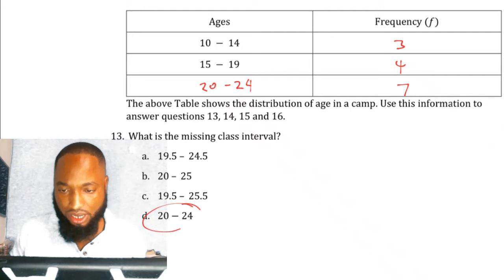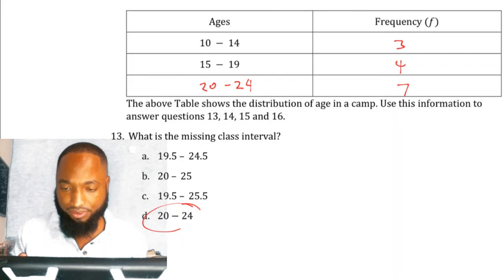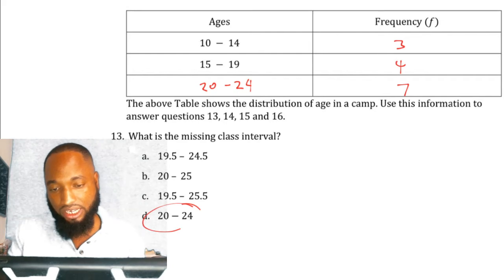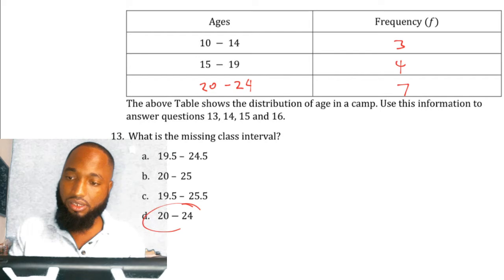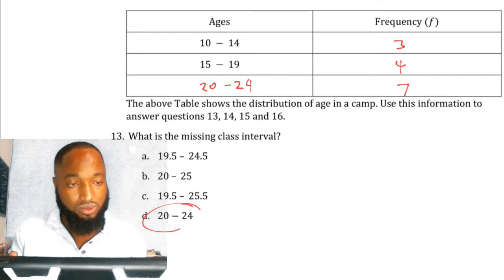Let's get the other parts of this question. Click on the wrong thing. Open back this one. What are the boundaries of the first class? That's the next question. Hang on for the answers.